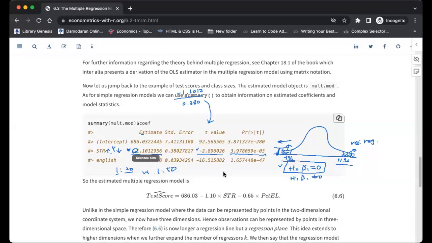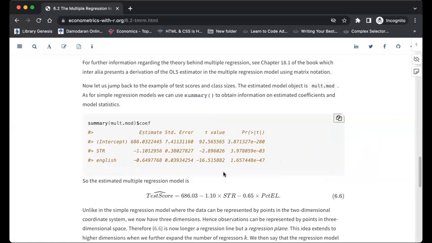The English speaking students ratio is also negative, and we can interpret it the same way. It is natural, because that is how estimates go.